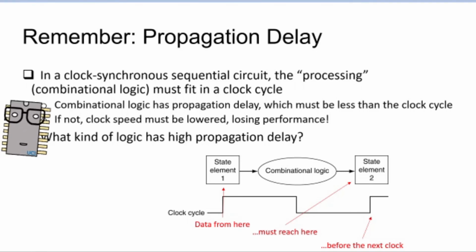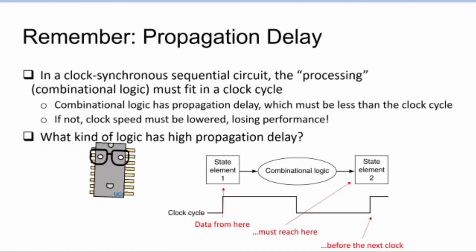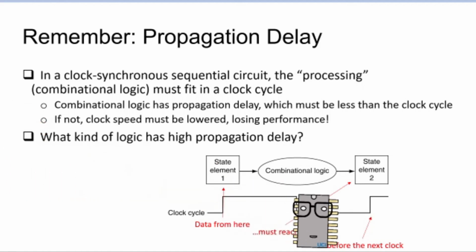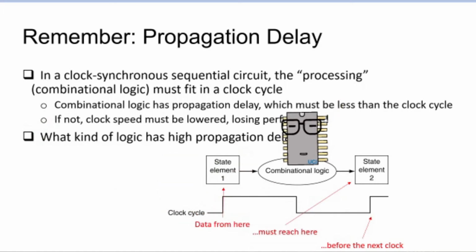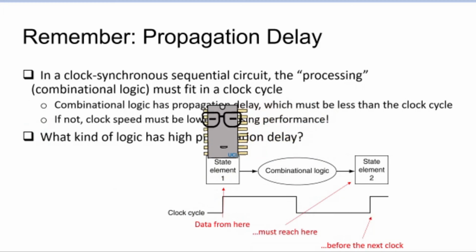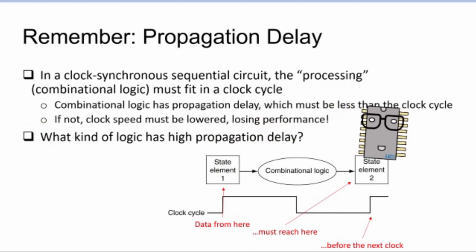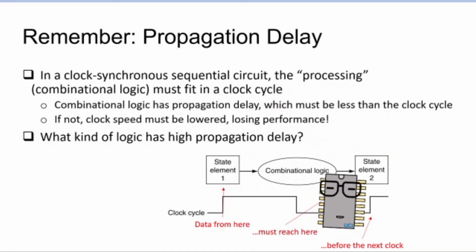If the propagation delay does not fit inside the clock cycle, either clock speed must be lowered, losing performance, or we have to modify it so that it can fit inside the clock cycle. The question becomes, what kind of logic has high propagation delay? So here's a visual representation. If we have some computation, multiplication, addition, whatever, from a bunch of state elements, and we store the results into the next state element, the electrical signal moves through all of these things and arrives here.